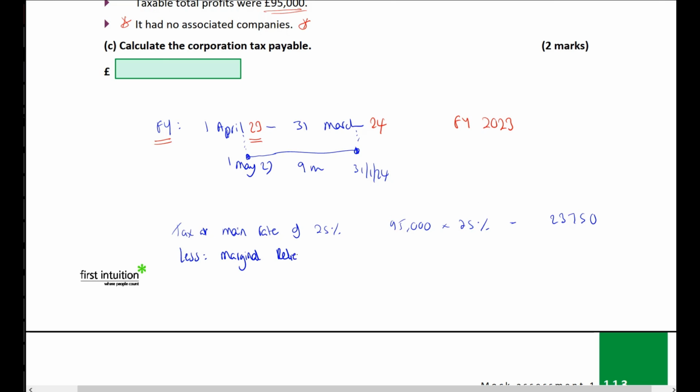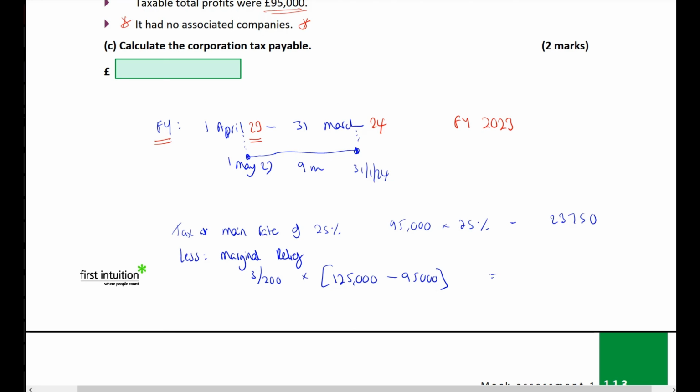We use the formula that's given to us, 3/200 multiplied by the upper limit, which is 125, compared with the profit that the company has made, and see what we get. So it's basically showing us how far away we are from that upper limit.